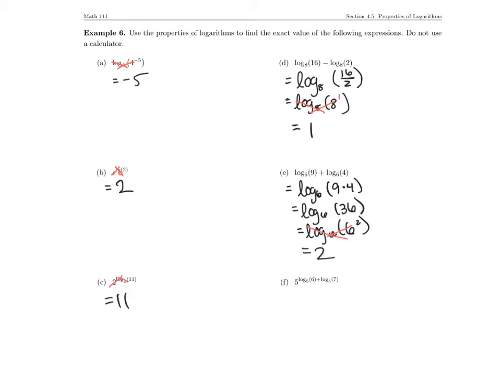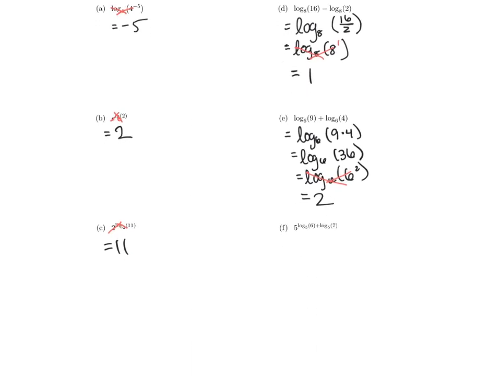Now let's try F, because F's just a little bit trickier. So for F, we have 5 to the power of all of this stuff inside here. Now that's a lot of stuff. Now what I'm going to do before I cancel things, I'm going to simplify this exponent as much as I possibly can. So this is going to be 5 to the power of log base 5 of 6 times 7.